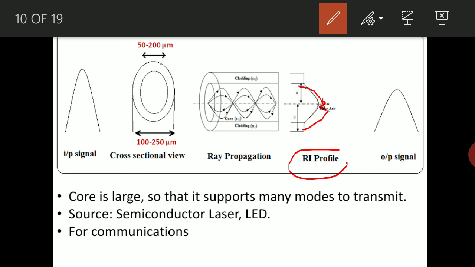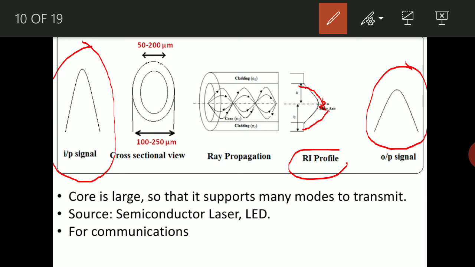And coming to the rays of light, when launched with a certain input signal, we do observe there is a small change in the output signal, but compared to the multimode step index fiber, here the amplitude is not that much decreased. So these are suitable for long distance communication also, but it does have some disadvantages.